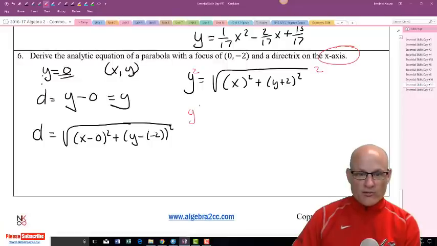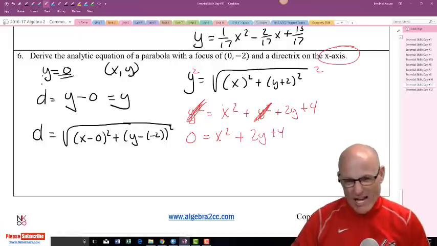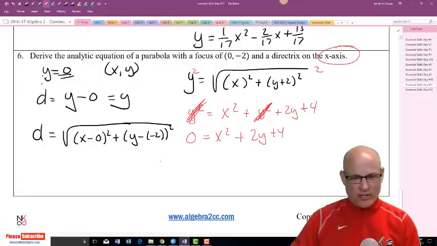So you end up with y squared equals x squared plus y squared plus 2y plus 4. The y squareds cancel. So I end up with 0 equals x squared plus 2y plus 4. Since I always want my y to be positive, I'm going to move these two things over.